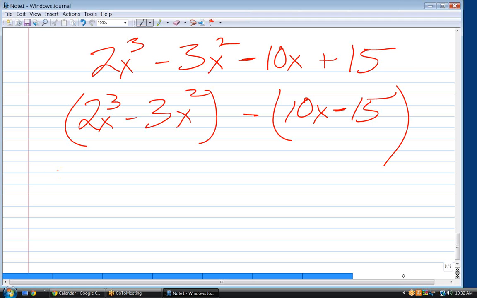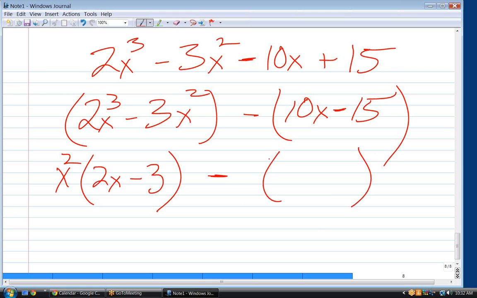So the greatest common factor of the first one would be just x squared. So 2x minus 3. The greatest common factor, that's 5. So 2x minus 3. Now the only reason this works is because that is equal to that.